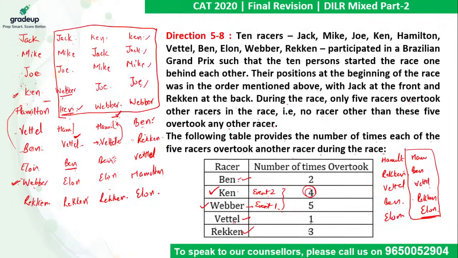Out of the possibilities that we have studied, Hamilton can finish the race at position number 9. According to this, Hamilton can finish the race at a position where the top 5 were already fixed, so this position is 6th. Guys, please check it out. I hope it is clear.